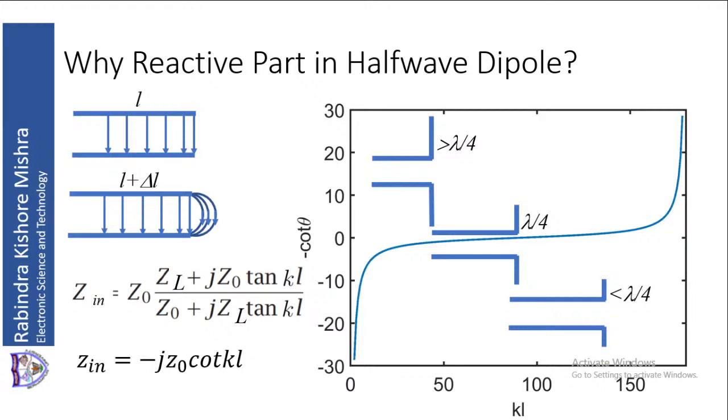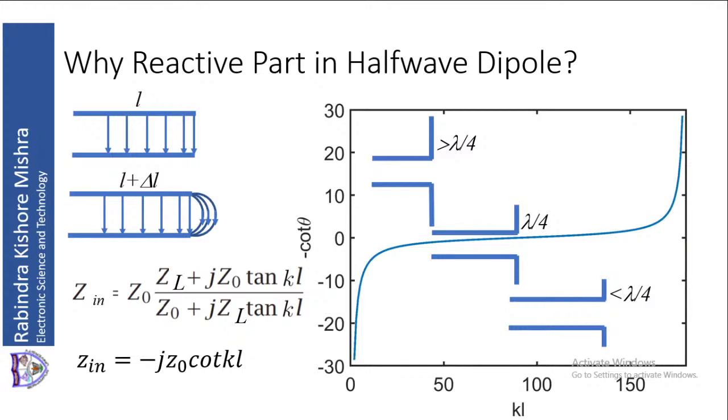So considering the length of the antenna is equal to half wavelength, whatever frequency comes out in calculation, with that frequency it should radiate, and at that frequency we have found out that the input impedance of the antenna will have a real part and a reactive part.